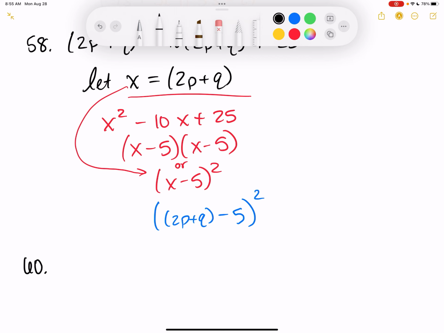Difference of squares. Difference of squares is one of them. Difference of cubes, yes, that is one. We're not quite there yet, but we will do that.